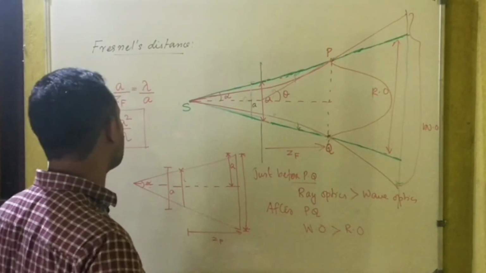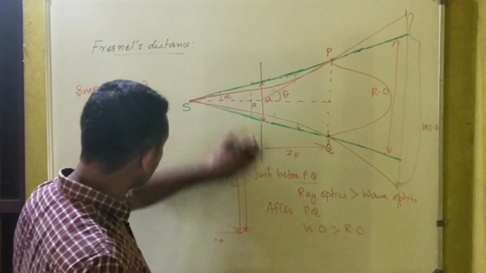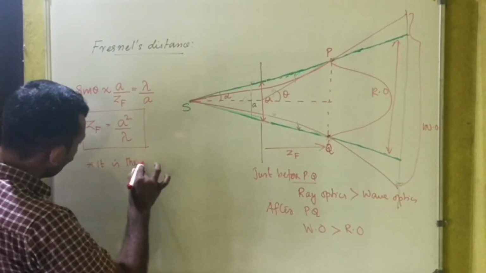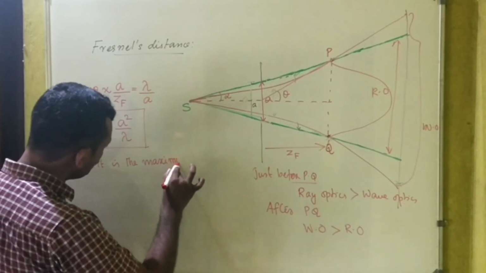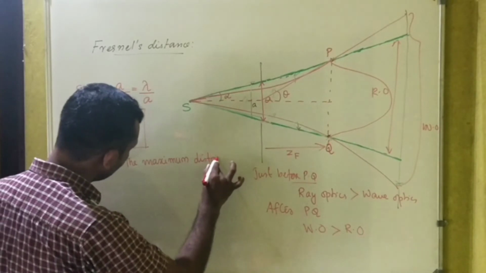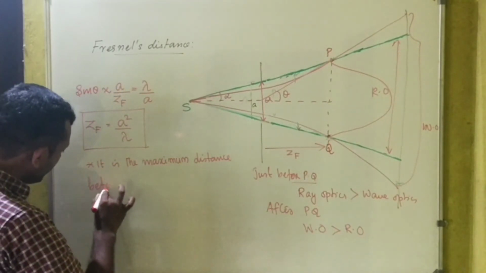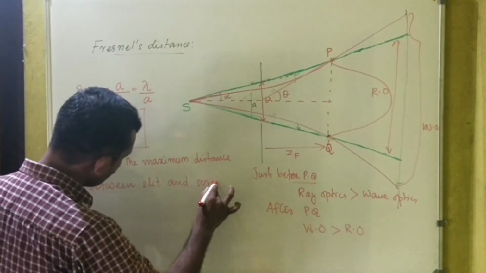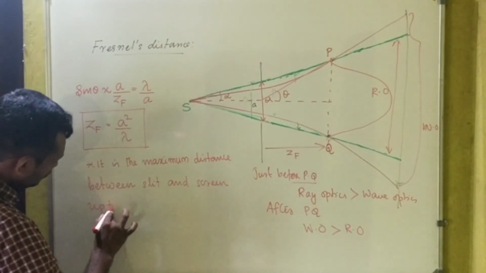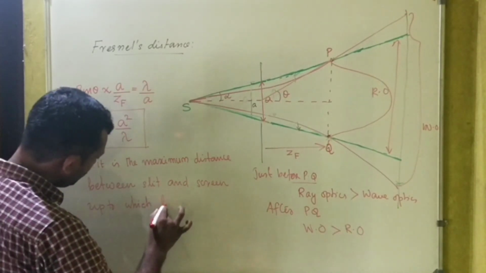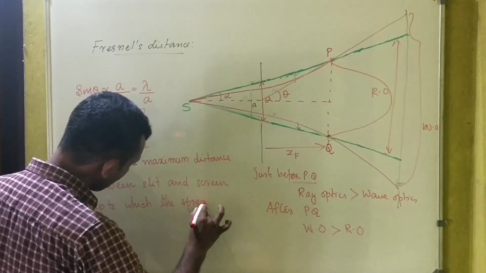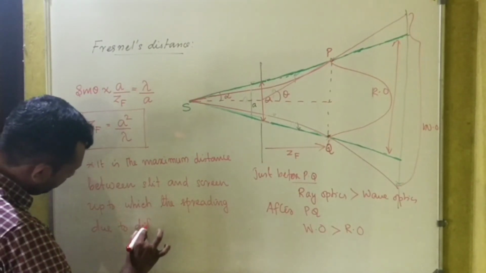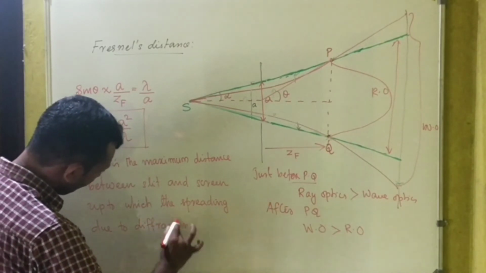Now how will you define Fresnel distance? Fresnel distance is the maximum distance between slit and screen up to which the spreading due to diffraction is negligible.